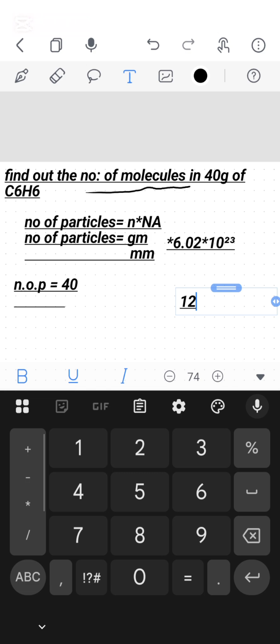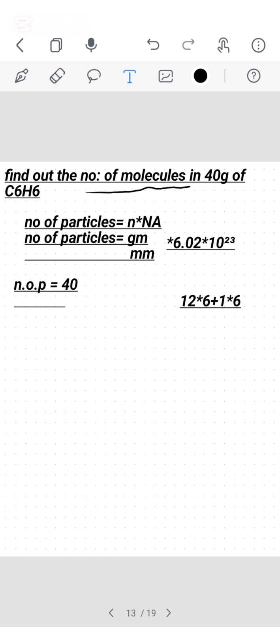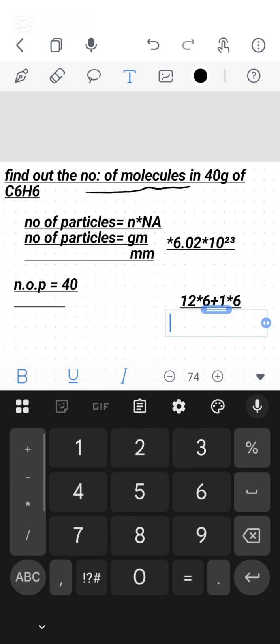C means carbon, 12 multiplied by 6, plus H means hydrogen; hydrogen atomic mass is 1, so 1 multiplied by 6 would be 6. 12 multiplied by 6 is 72, plus 6, so it will be 78.